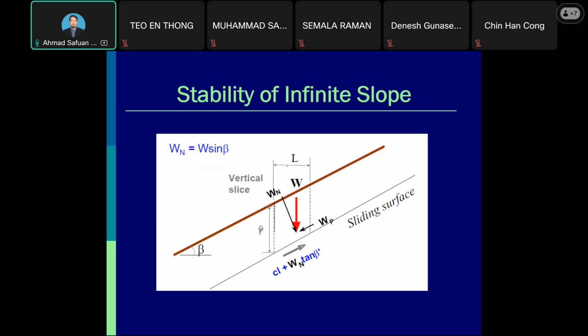From there, the width of this weak failure part is considered as the length L. Then this block weight is considered as W. Definitely there will be WN, which is a normal force acting on the failure plane.